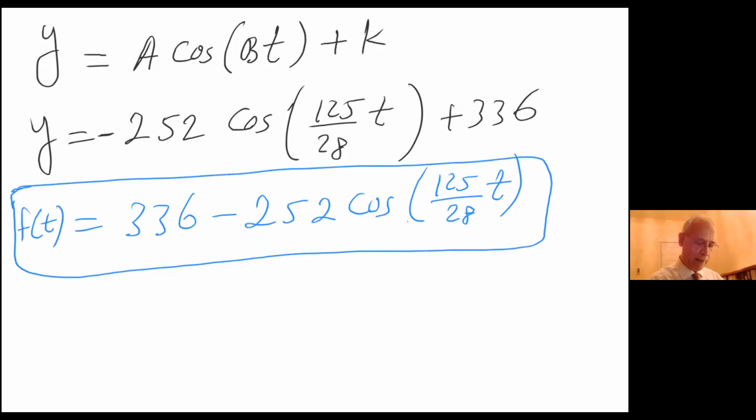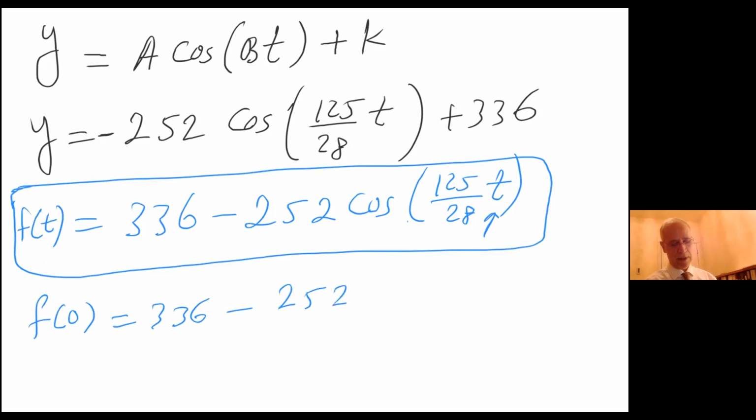Okay, so f of 0 equals 336 minus, when t is 0, this is 0, cosine of 0 is 1, so minus 252. And that gives me 2 from 6 is a 4, yep, 84. Yeah, okay, so it is consistent. So my final answer is f of t equals 336 minus 252 cosine of 125 over 28 t. And I hope you like this example. Thank you.